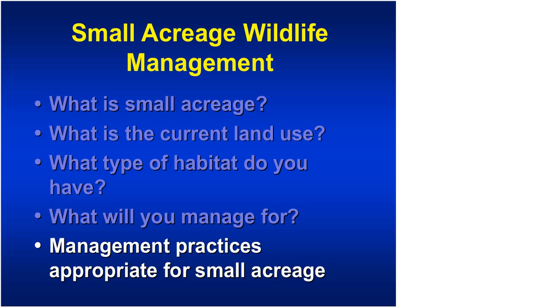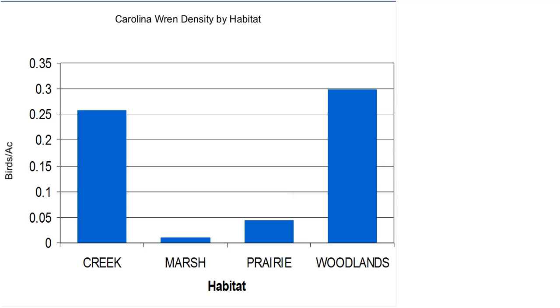Let me back up and say a little bit about information. Where do we get this kind of information about the different types of habitat that these birds might be using? I'll give you one resource that you might want to utilize, and that's All About Birds, an online resource through Cornell.